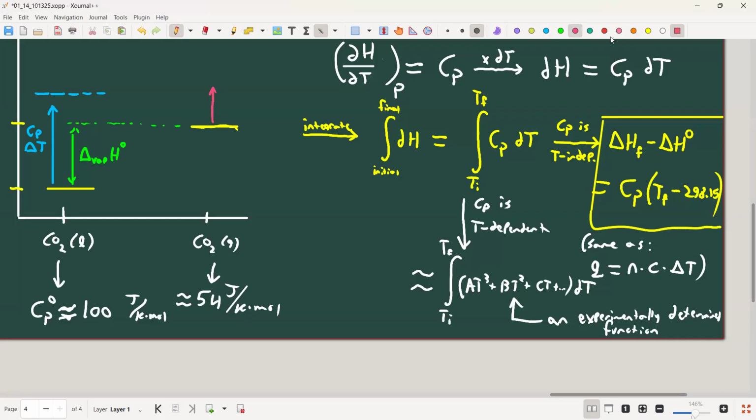We'll say that's roughly half. So this is Cp delta T for the gas. It's a smaller number. Now, what's the difference between the two? The enthalpy of vaporization now is the difference between this point and this point, and that's much smaller. So as we increase the temperature, the required heat to boil our carbon dioxide has decreased.